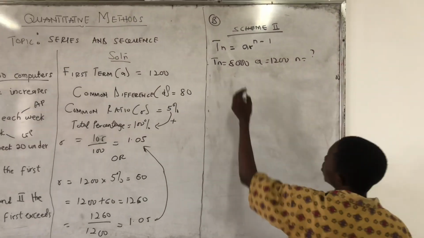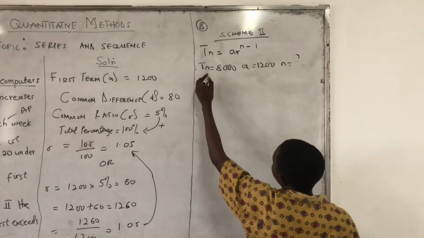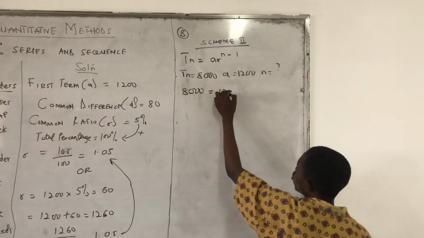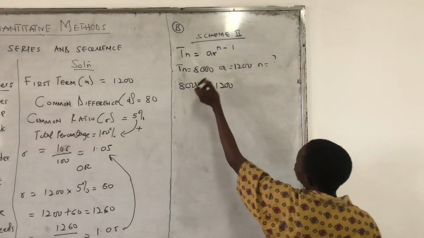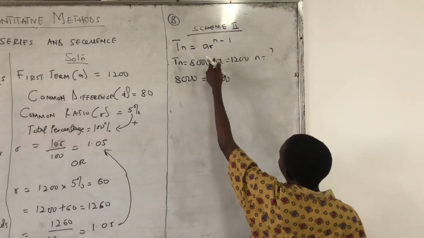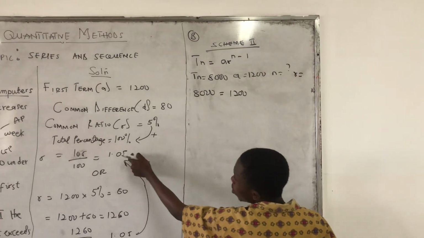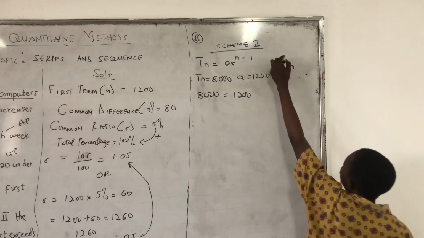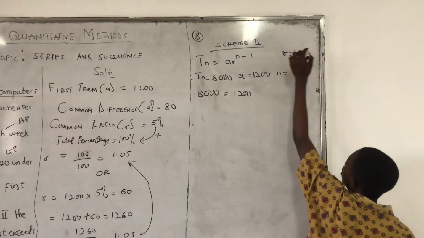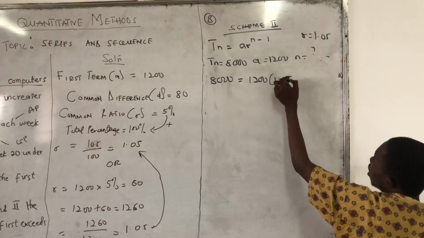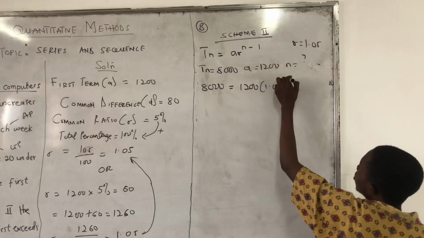Okay. So we have Tn as 8,000. Here is 1,200. Now R, sorry, let me indicate R, the common ratio, 1.05. Let me put it here, 1.05. So we have 1.05 to the power n minus 1.